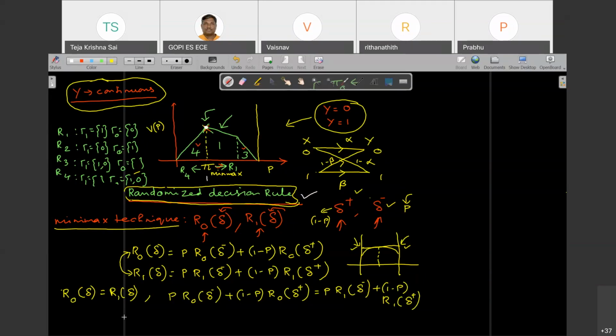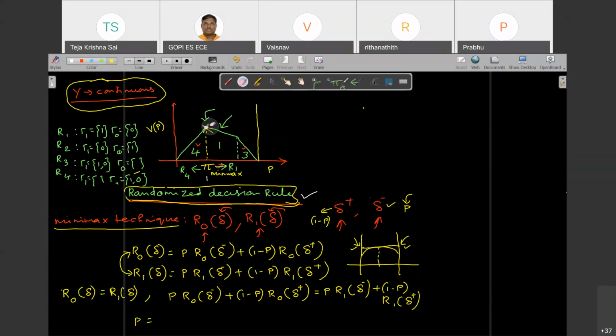Can you solve and tell me what is the value of P? Somebody can tell me the answer for that.